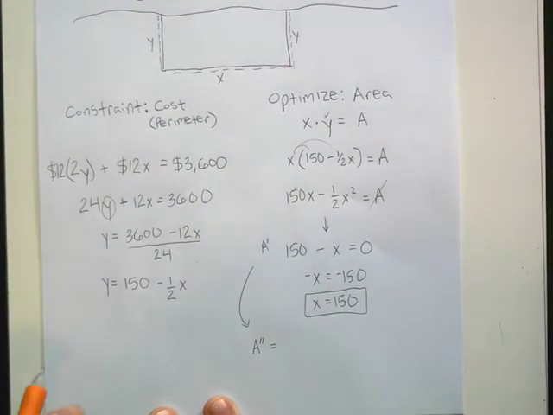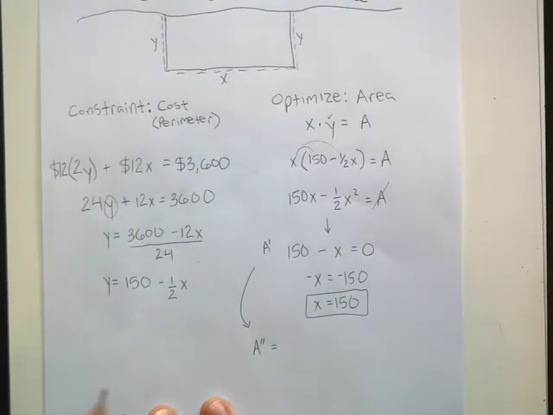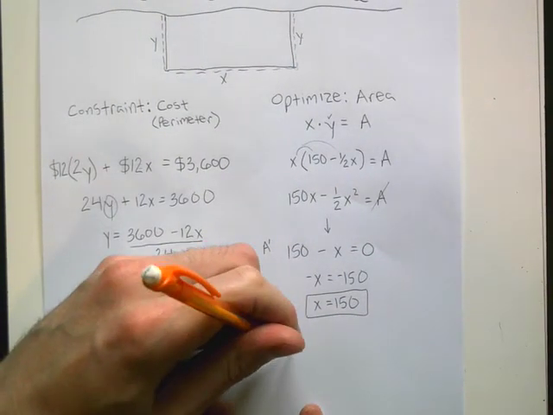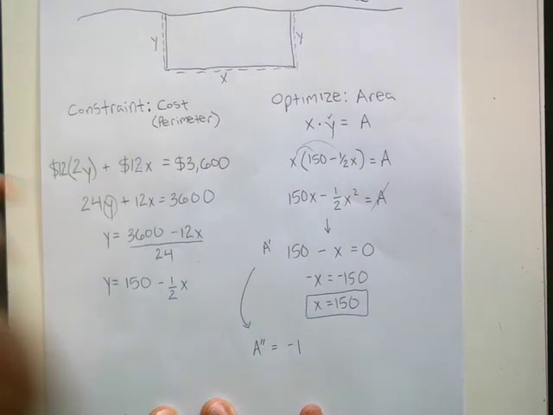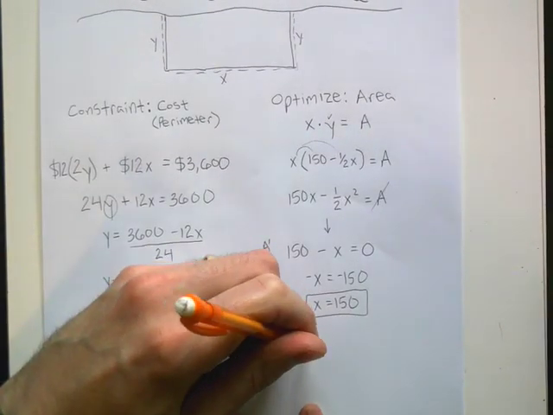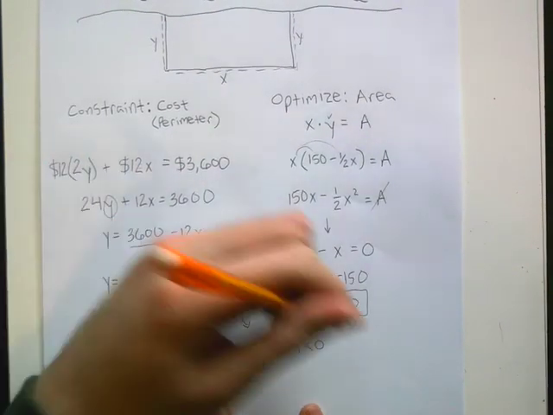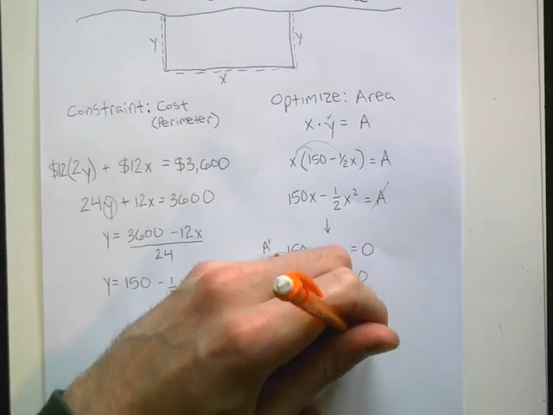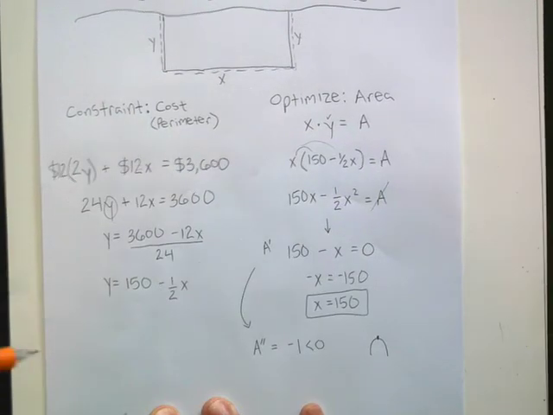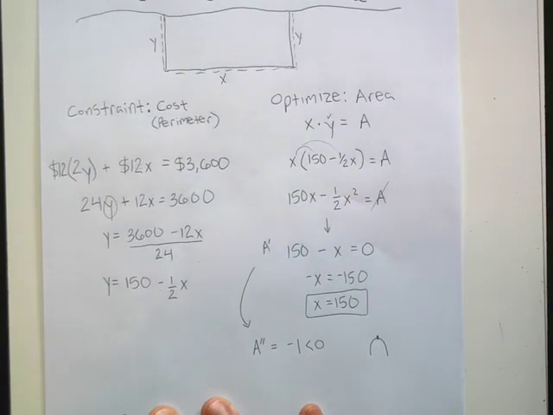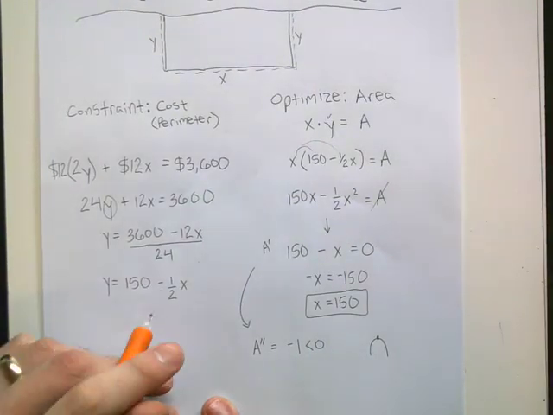So if I take the double prime, 150 is going to go away, it just becomes 0. Negative x just becomes negative 1. Negative 1 is obviously less than 0. So if negative 1 is less than 0, that means we're concave down. That's our critical point. We're at a maximum, so that's good. 150 is our maximum, okay?